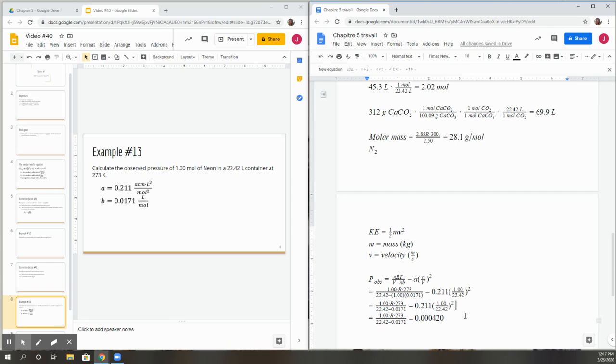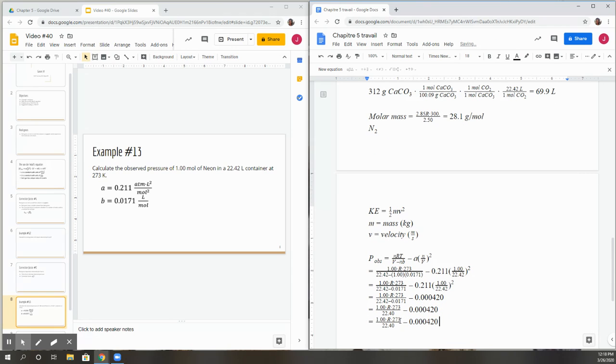Next, I take care of my subtraction in my denominator here. Next, I take my first part and multiply this out, rounding to 3 significant figures. And then I do my subtraction.